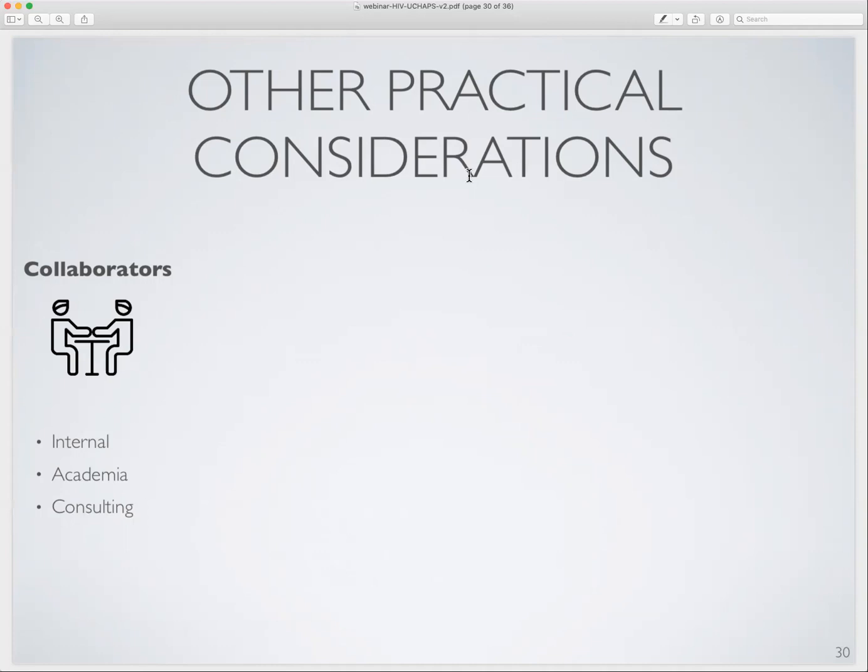Another option, which is probably the most prevalent, is to team up with one or more academic groups. There may already be existing or natural collaboration with your institution, with other universities or colleges. And consulting is probably a less popular option, but if you have time constraints, it may be an option to consider. But that's usually rare.